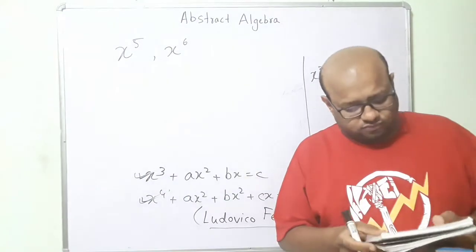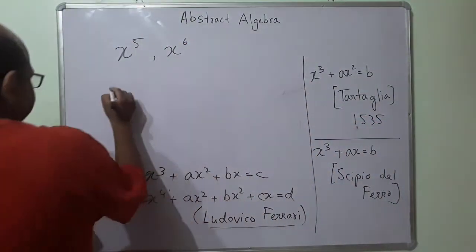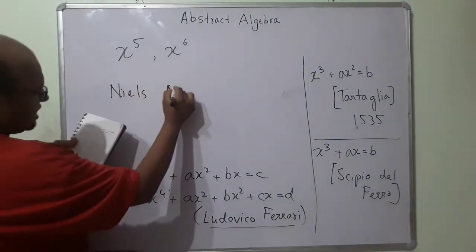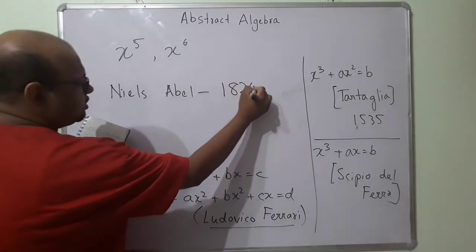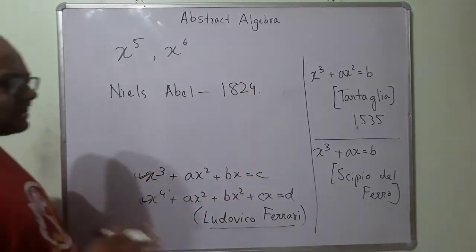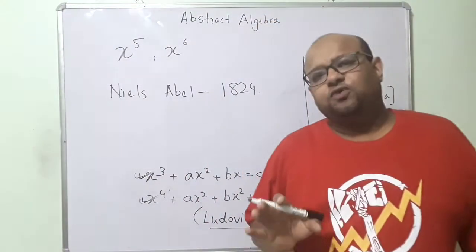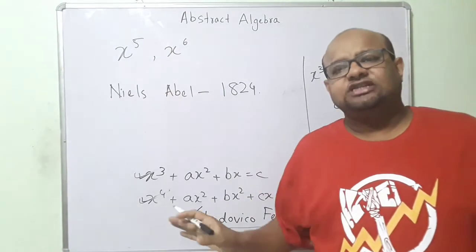Alright, so what happened is that someone called Niels Abel, in 1824, proved that there is no such formula. A formula for equations with these terms does not exist.